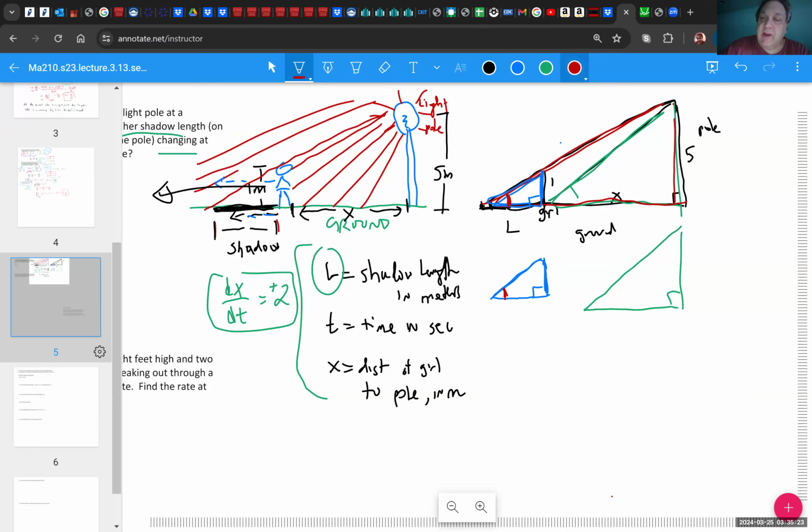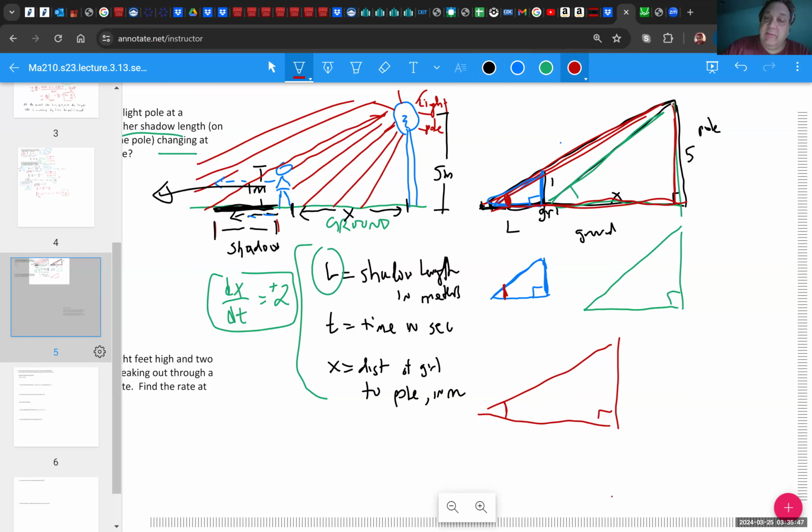And then we have this red triangle, which is the big one. The red triangle goes from here to here to here, has a right angle, and the angle here is shared. So it's the same angle as here. The triangles that are similar are triangles that have the same angles.